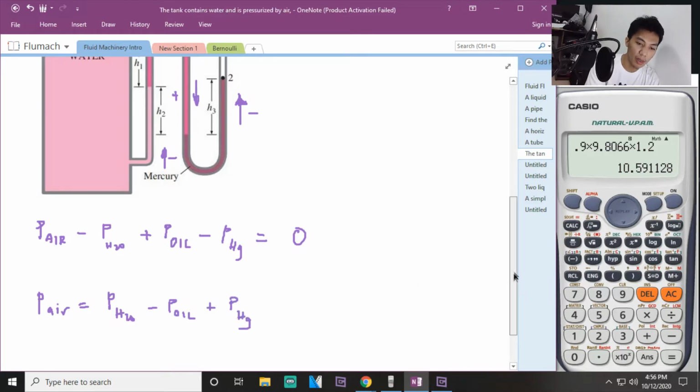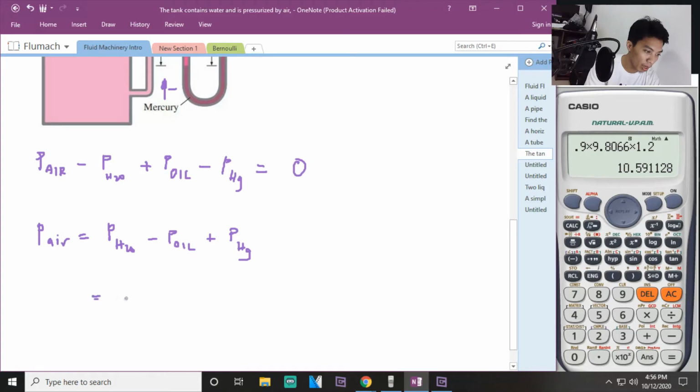Okay. So, alamin na natin sila. P air is gamma of H2O times yung height ng H2O, minus yung sa oil, height ng oil, plus yung sa mercury, Hg, multiplied by height ng Hg. Okay.